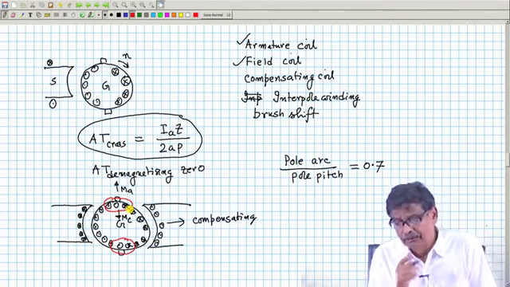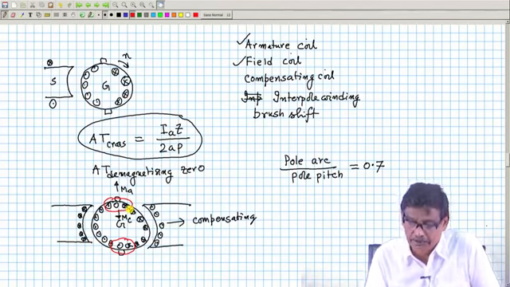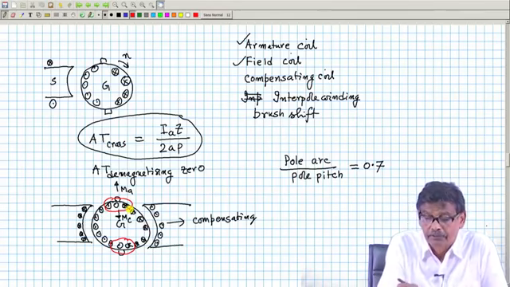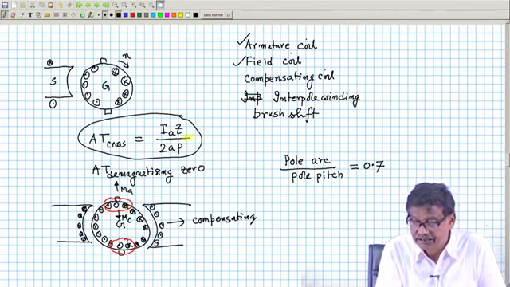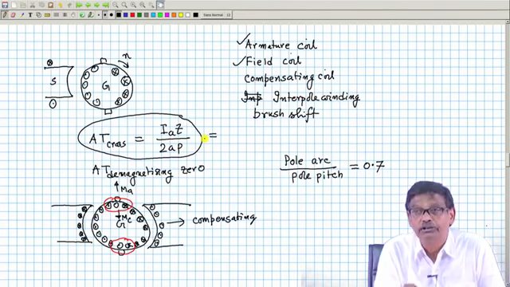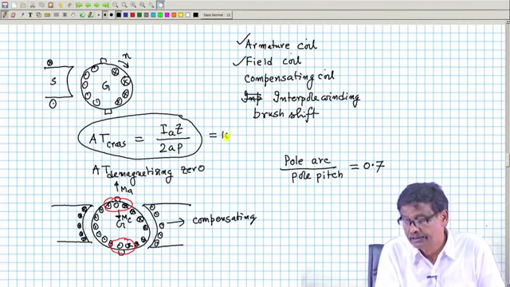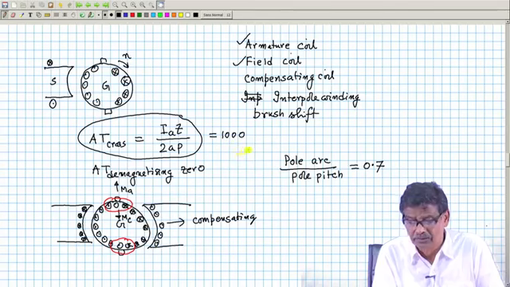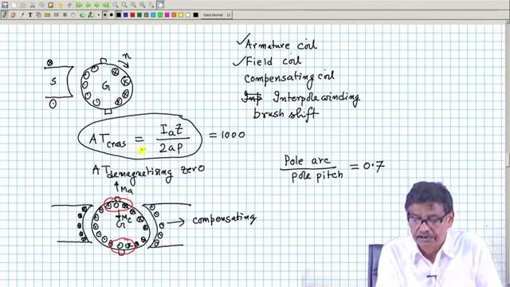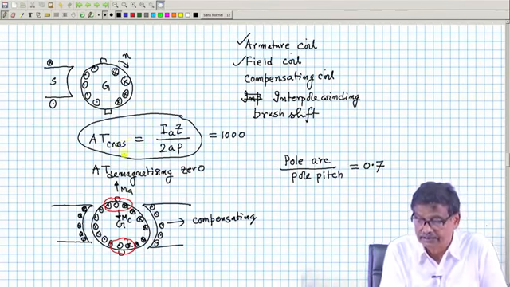Let us take some numbers. For example, suppose for a given machine, this AT cross you calculate from this formula, and suppose it is equal to 1000 ampere turns cross magnetization per pole.